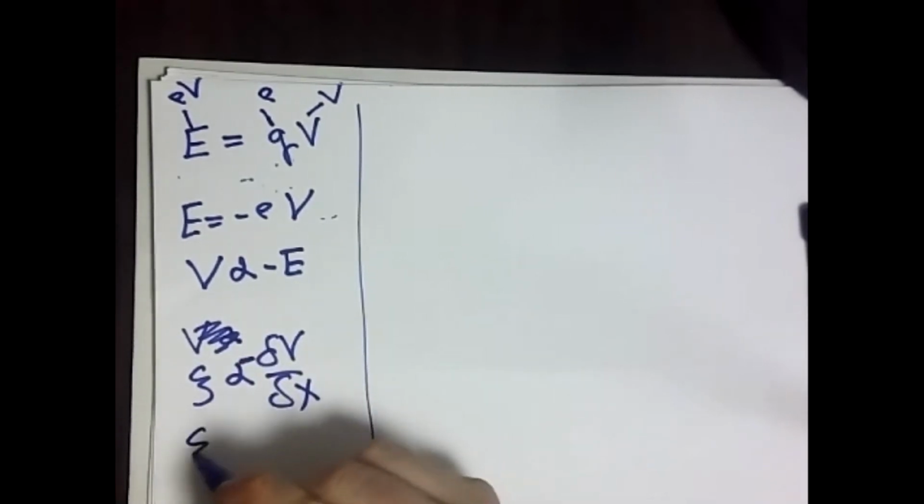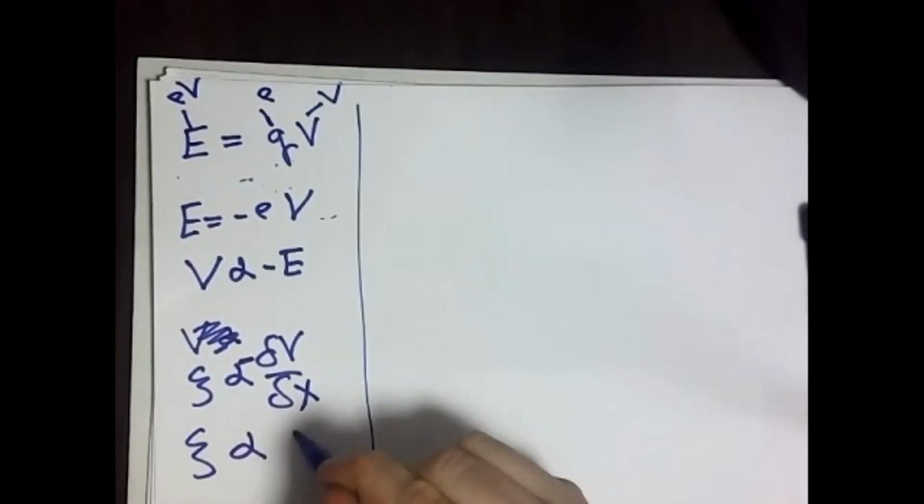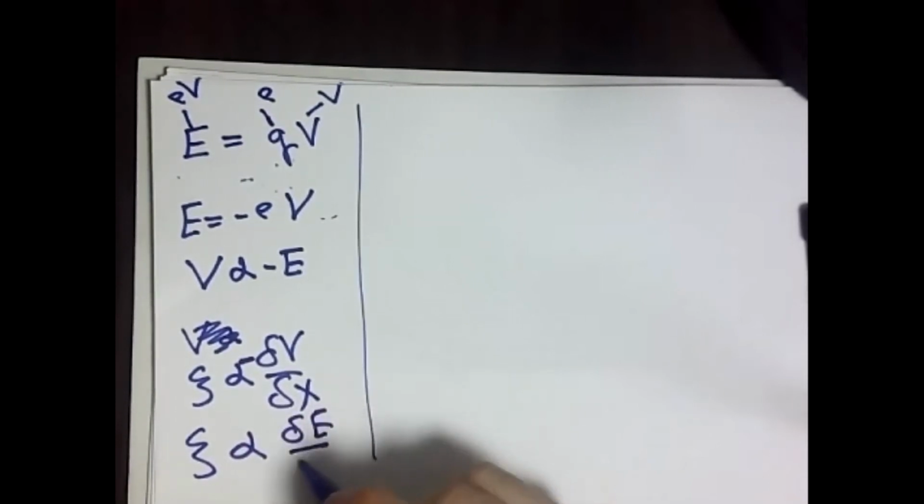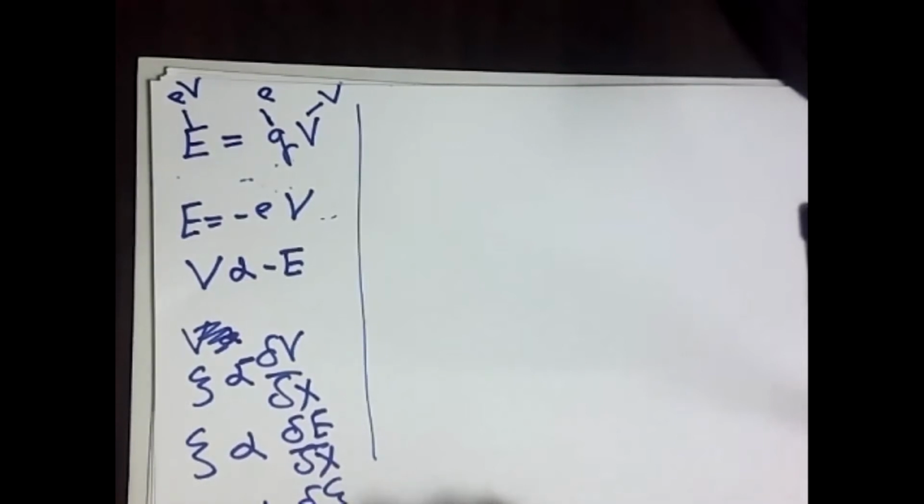So eta is proportional to partial E by partial X. And finally, rho is proportional to partial eta by partial X, which is proportional to partial 2E by partial X squared.